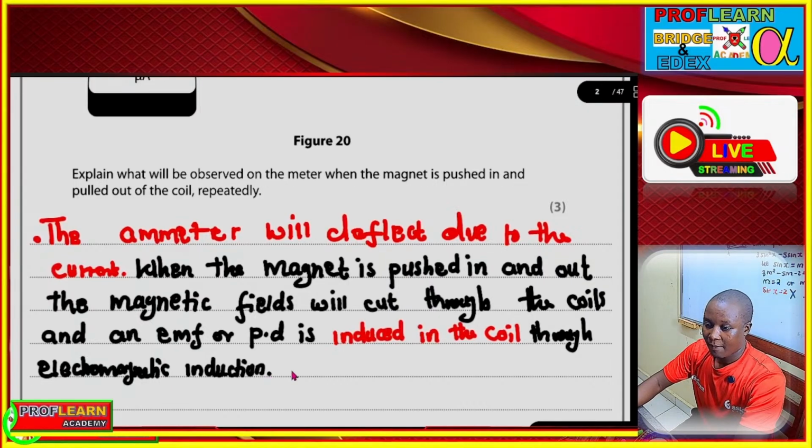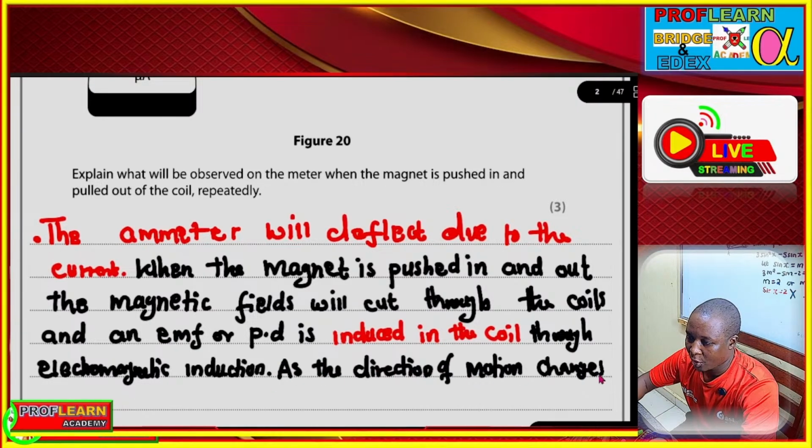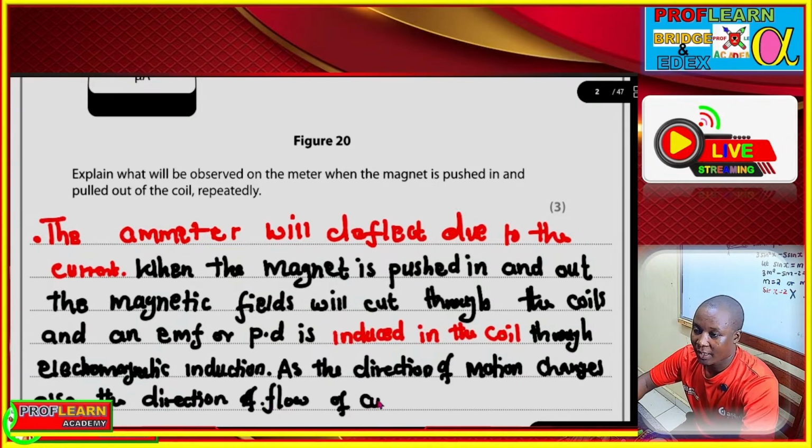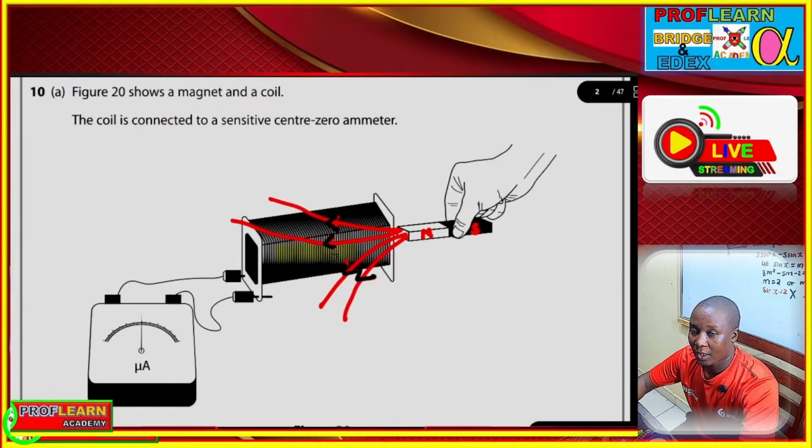So I need to add a statement here and say that as the direction of the motion of the magnet changes, the direction of the current also changes. That's what we are supposed to do in this particular question.